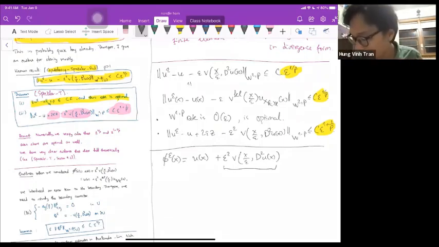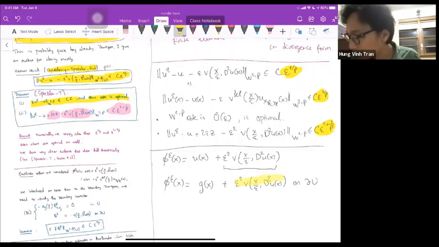So you have phi epsilon x equals to g of x plus some errors on the boundary. And what is problematic is that this is the error term you introduce on the boundary, and when you do integration and stuff like that, you need to capture that error, right? Because the error can be big if you take the Hessian and stuff like that.